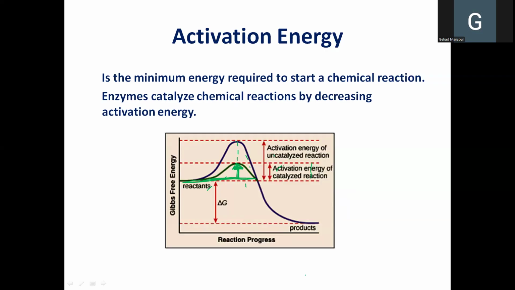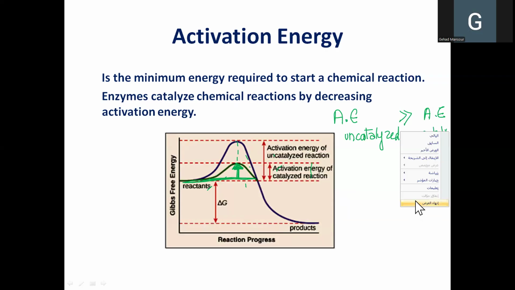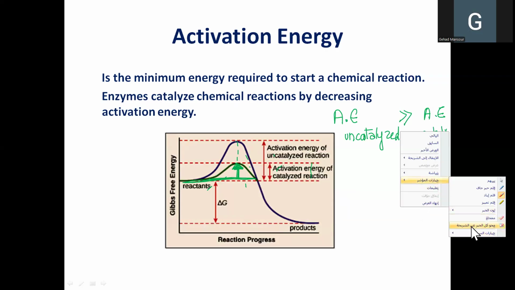You need to raise the energy more for the reactants to start. So we can say that the activation energy in the uncatalyzed reaction is much more than the activation energy in the catalyzed reaction, or when there are enzymes. So this is the first important conclusion we can get from the graph.